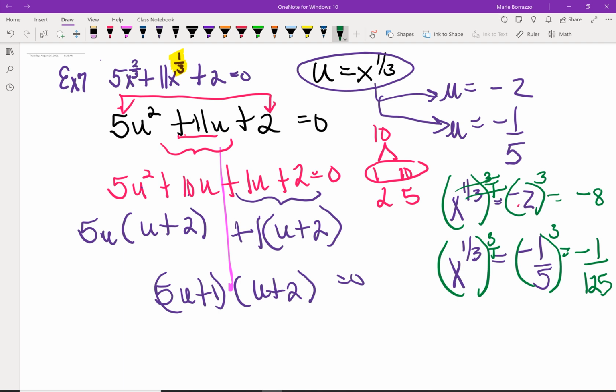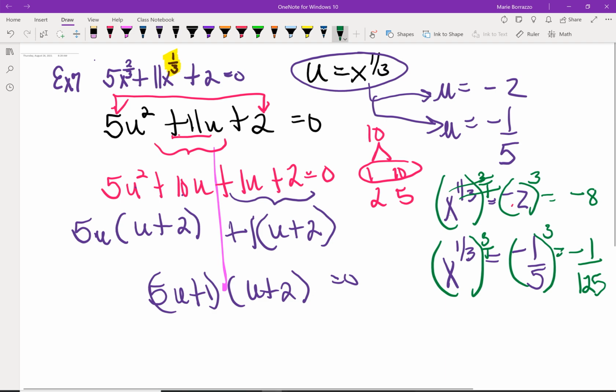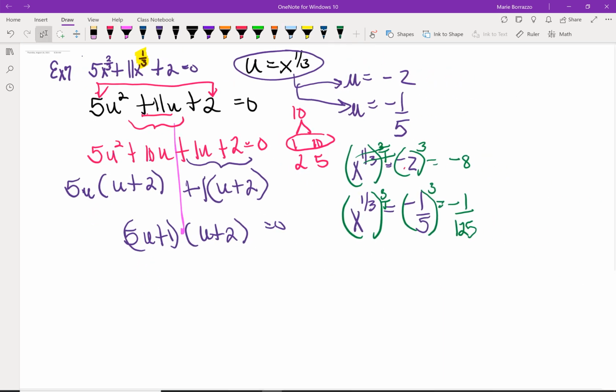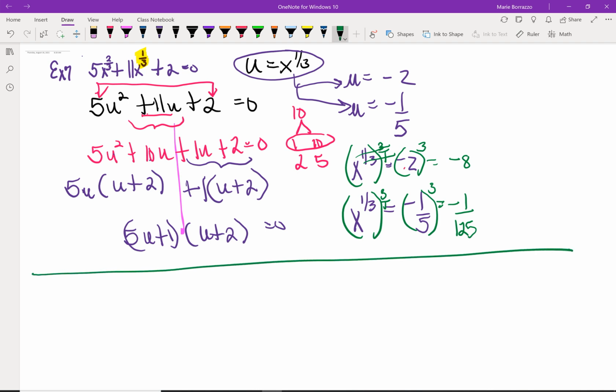Remember, this is cubic, so cubics are a little easier to work with than the squares. All right. Another way you could do this, by the way, is you don't have to necessarily use the u substitution. You could just go ahead and guess and check if you're daring enough. If you think about it, this is 5x to the 1/3 times x to the 1/3.